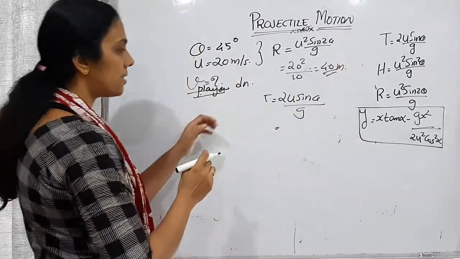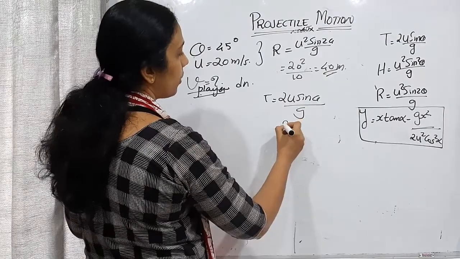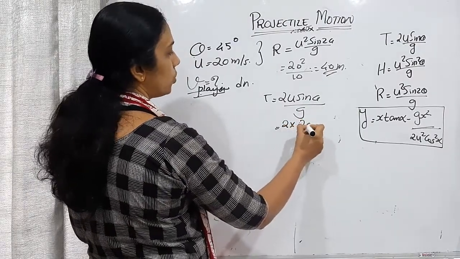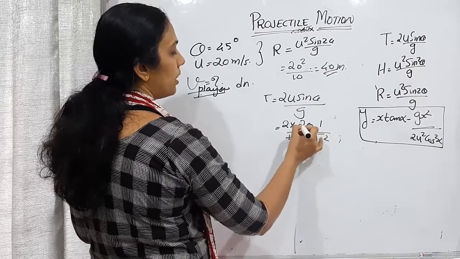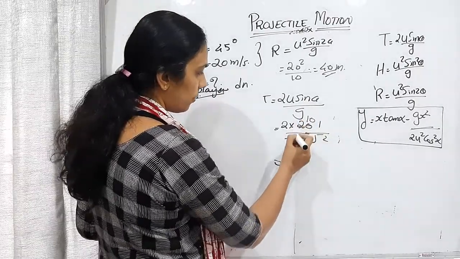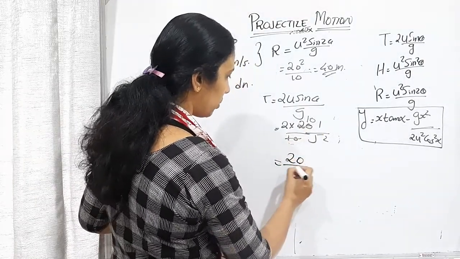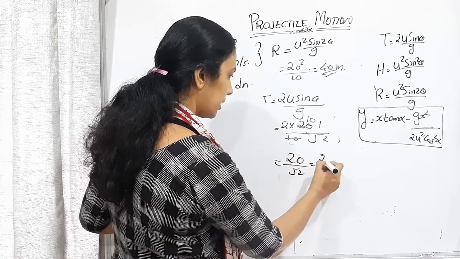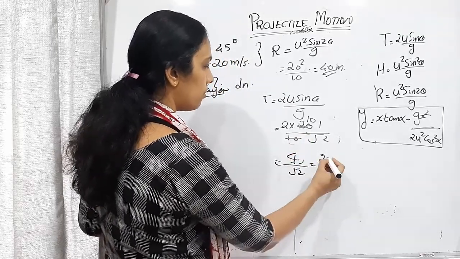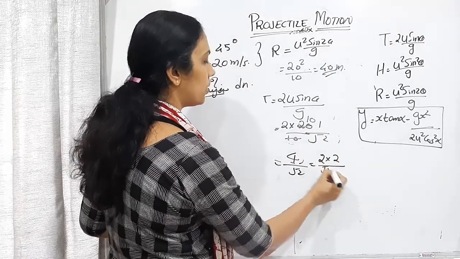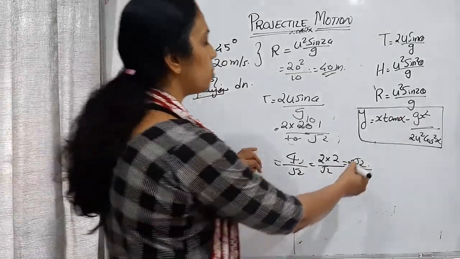And t equals 2u sine theta by g, so 2 into 20 into sine 45 divided by g. So here it will be equal to 4 by root 2, that is 2 into 2 divided by root 2, so 2 root 2 we will be getting. So the time required is 2 root 2.